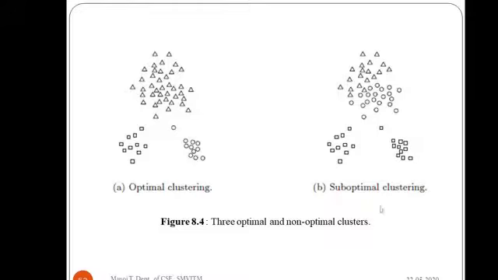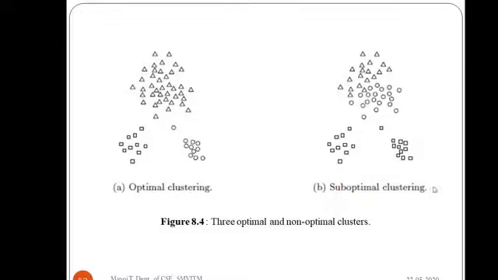Here in figure b they have shown suboptimal clustering, where you have a minimum with respect to a particular cluster, but it is not a global minimum.